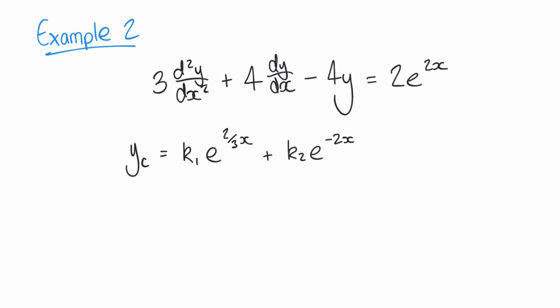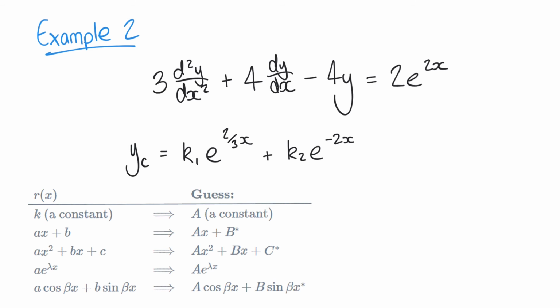Step 2, on the other hand, we have to refer back to that table of guesses and their forms. And in this case, we have Rx is equal to 2e to the 2x. And the corresponding entry in our table looks something like this. Notice that the lambda symbol is the same on both sides of the table.